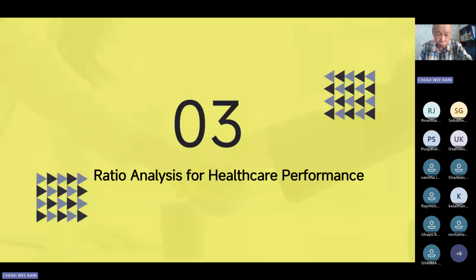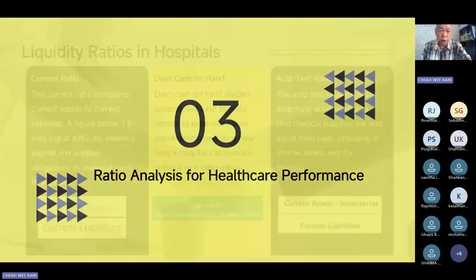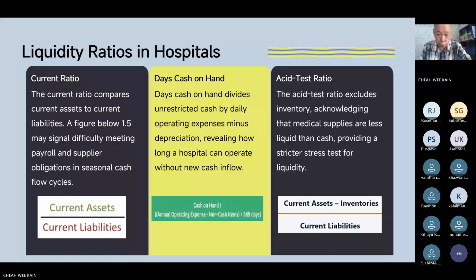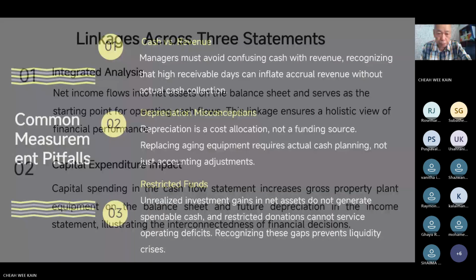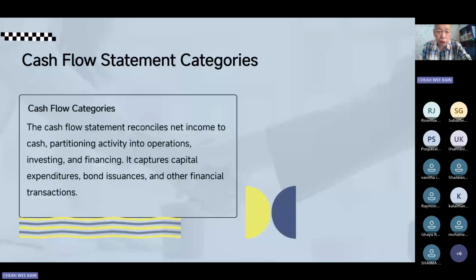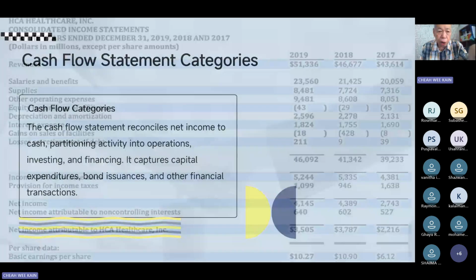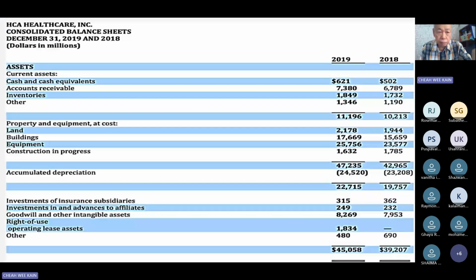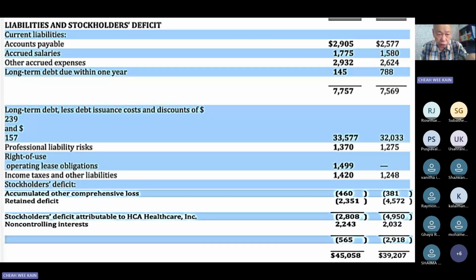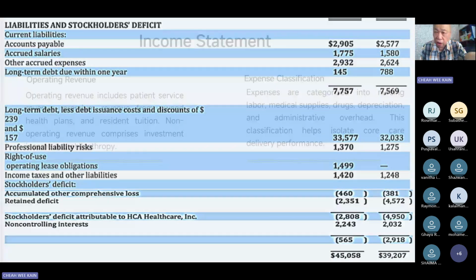Anything else? Okay, ratio analysis. Now, why do we do ratios? We'll come back here. Ratios are calculated from your balance sheet, meaning assets, liabilities and shareholders' equity, and also from your income statement.